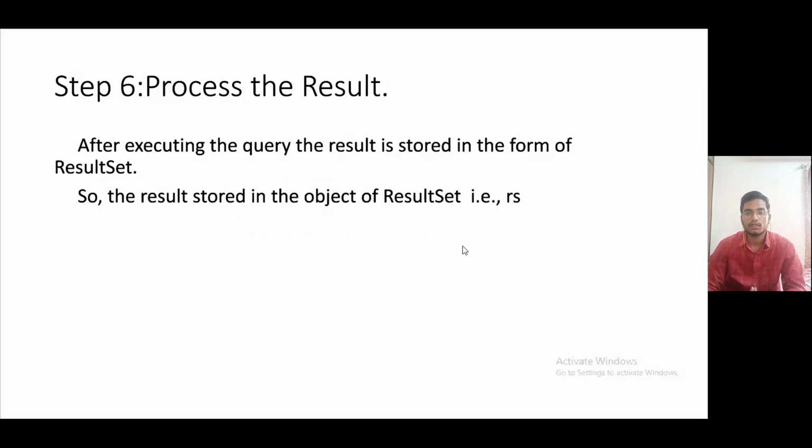After executing the query, we will get some table. We all know that in a database like MySQL, after executing a query, it will return a table. As we know that Java doesn't contain any data type like a table, so we need to create a set that can store the table.